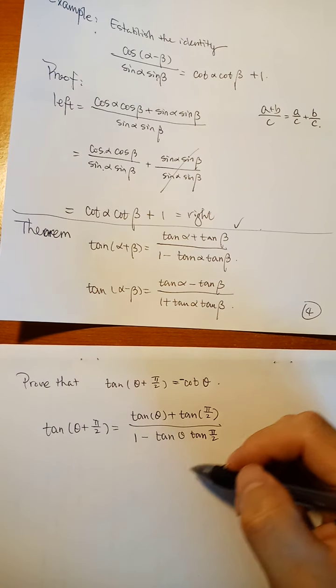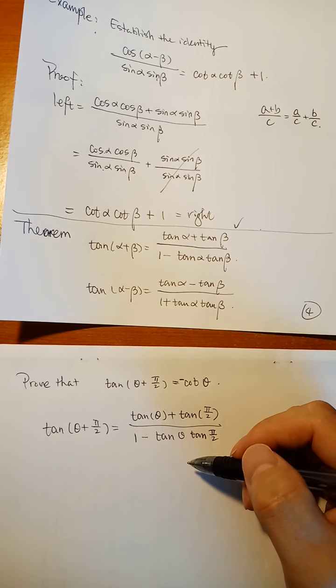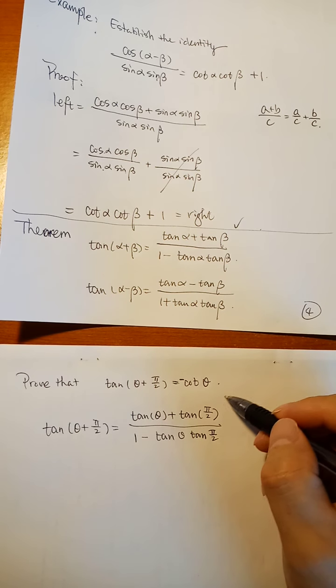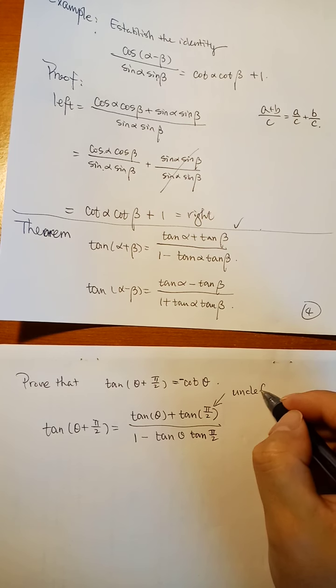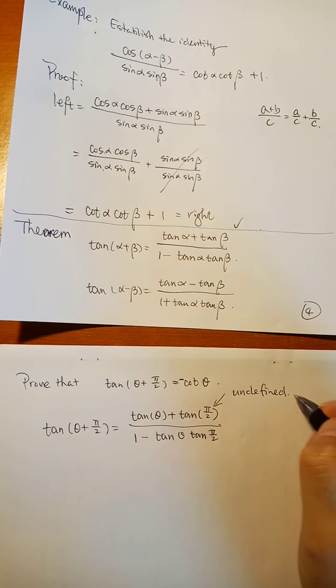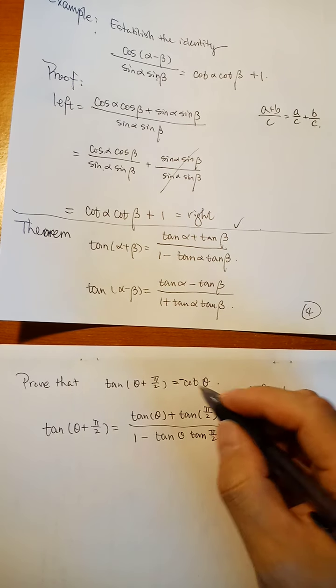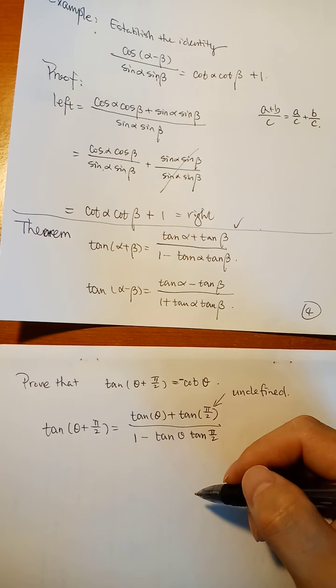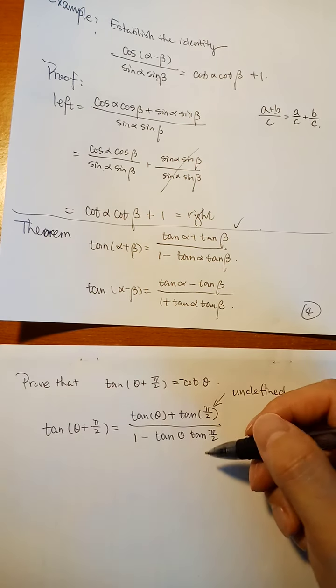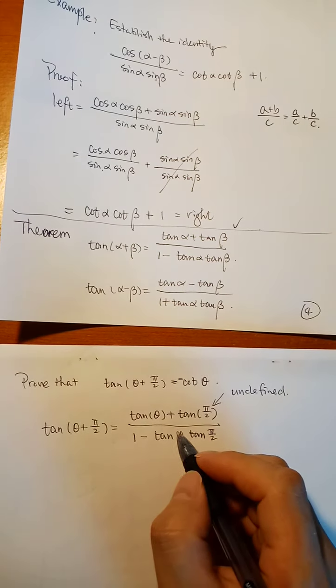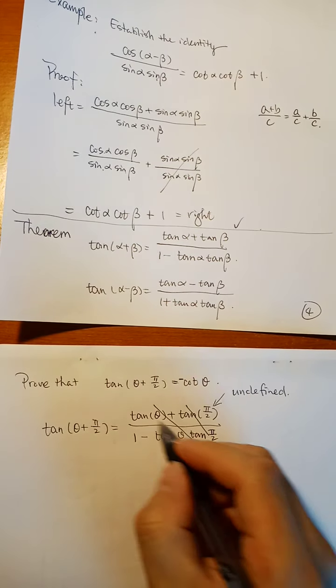If we directly apply this identity, we have a problem. The problem is tangent pi over 2 is undefined. So the sum formula cannot be directly applied.